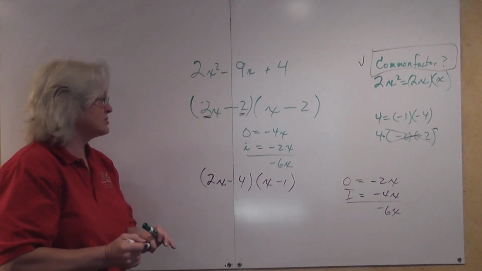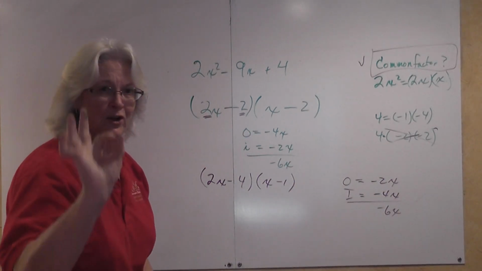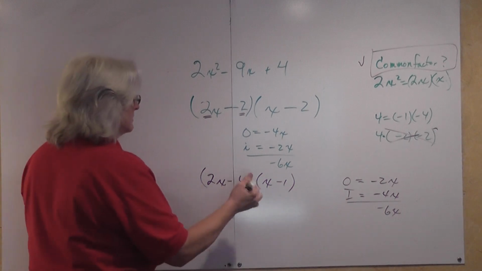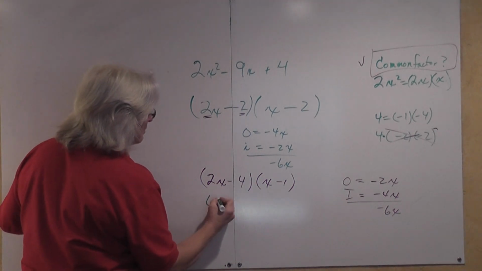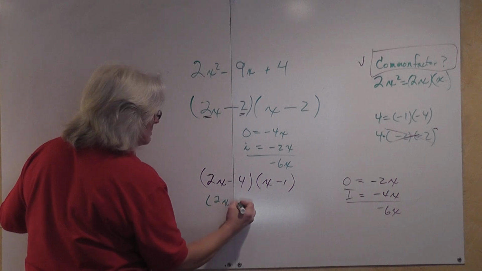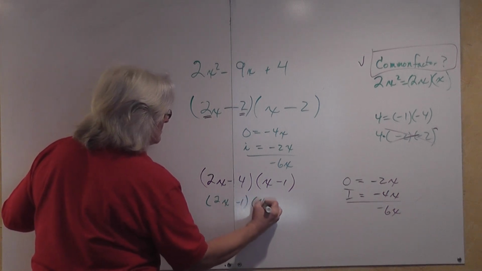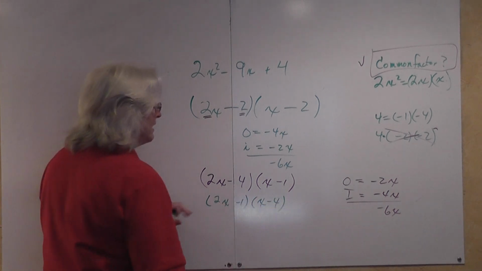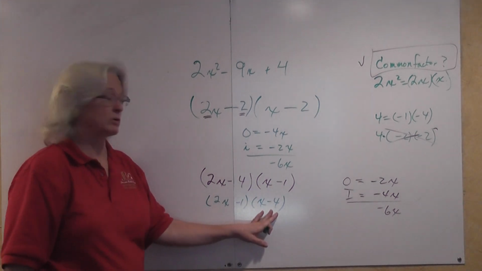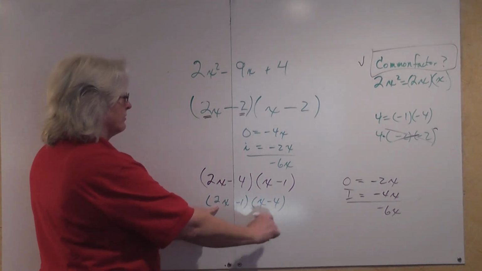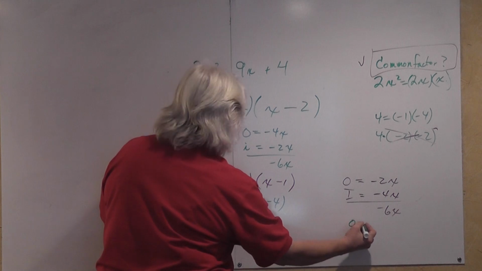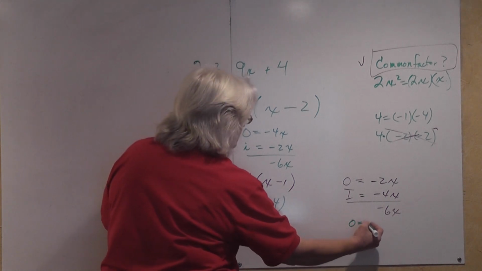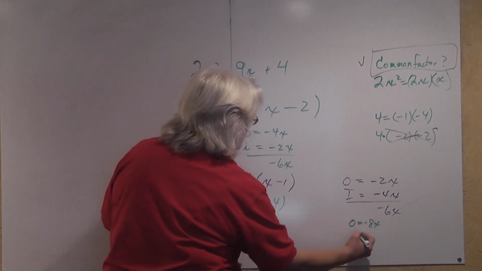So, what's going on here? You got it. We're going to change their order. 2x minus 1 times x minus 4. Now, let's see what our partial products are. Outer, -4 times 2x is -8x.